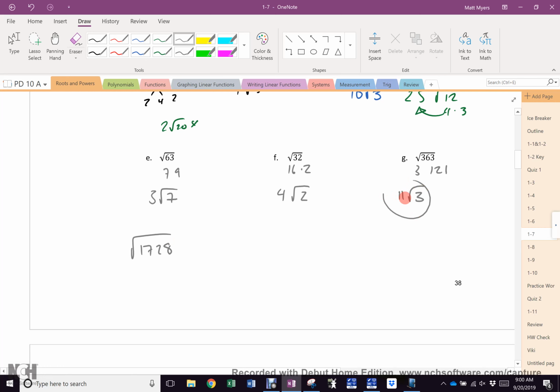So what am I doing with 1728? I know, right? If you can do 32, you can do 1728. Why? What's the first thing you're supposed to do?